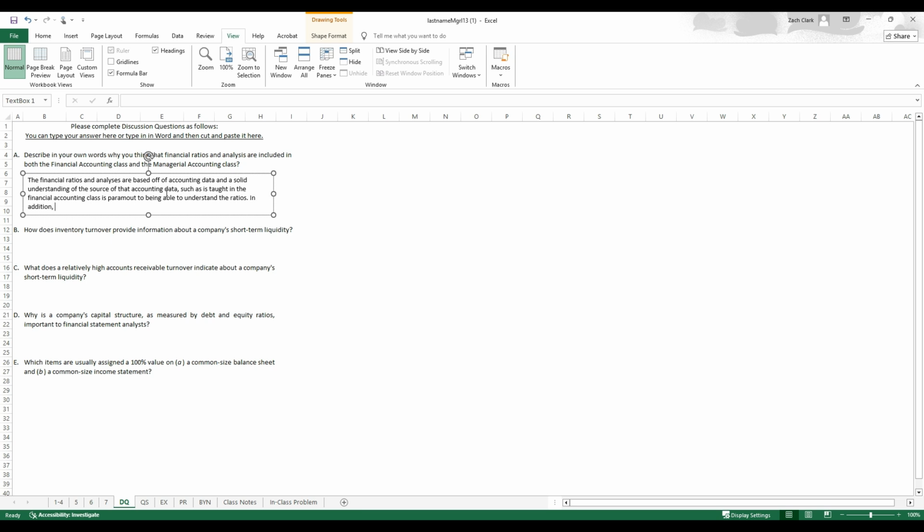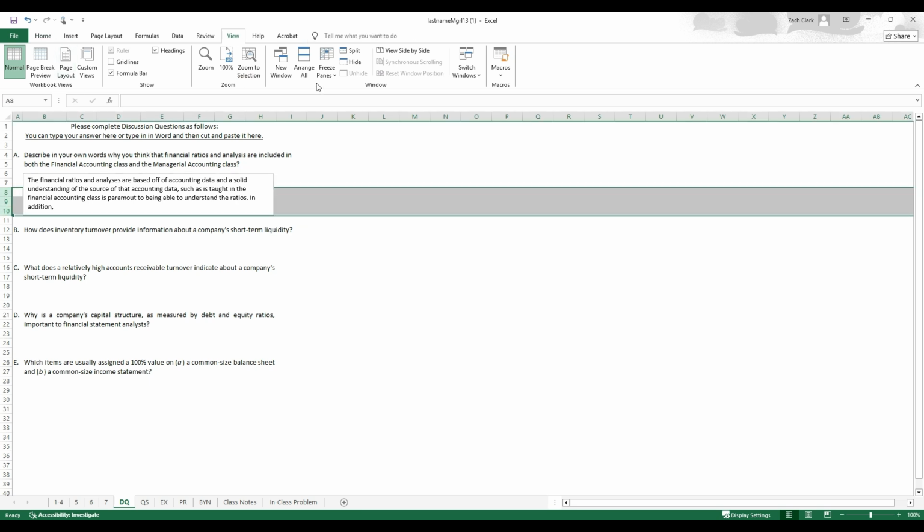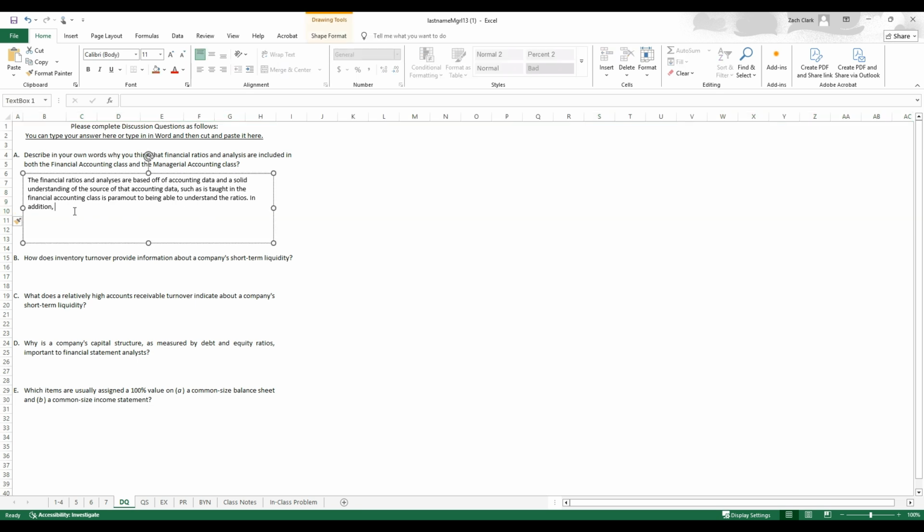In addition, while financial accounting can often be more backwards looking, managerial accountants can use the metrics, or I'll say the ratios and analyses, to drive decision making and to develop forecasts, goals, strategies, etc., all in a more forward looking manner.